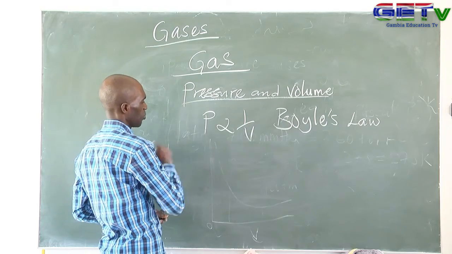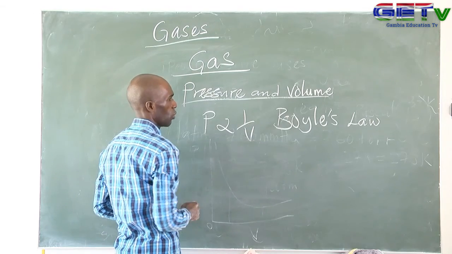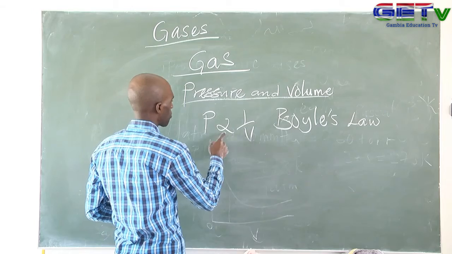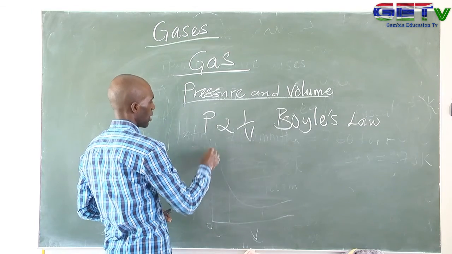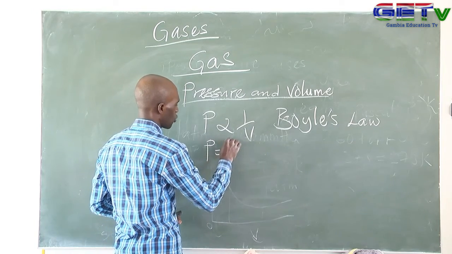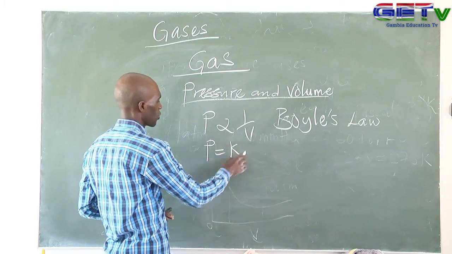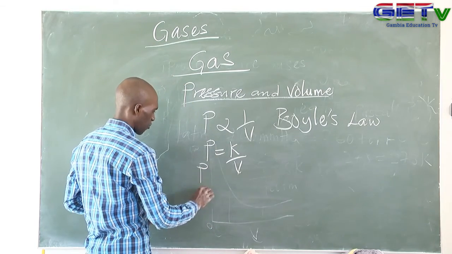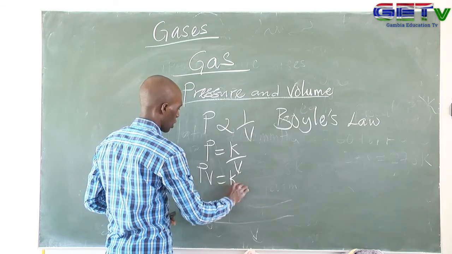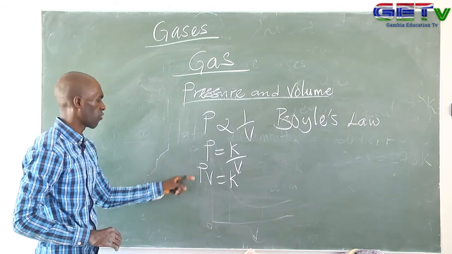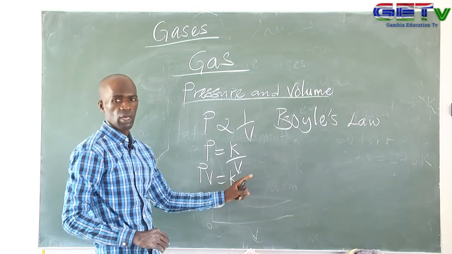The relationship is P is inversely proportional to V. So if you change the proportionality constant with an equal sign, we'll have P equals K over V. Making K the subject of the formula, we'll have PV equals K. That is, the product of P and V is always a constant.